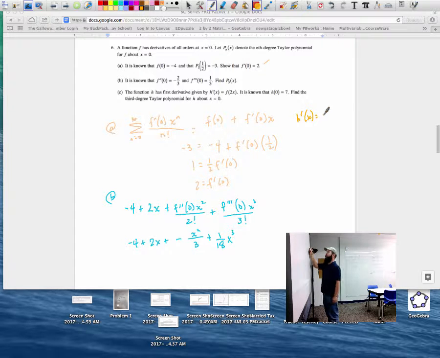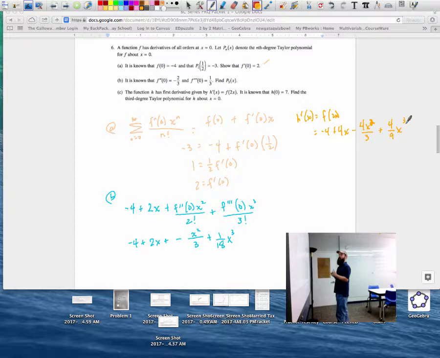So what I'm going to do is find f of 2x, which is going to be -4 plus 4x minus 4x squared over 3. And this would be 8 over 18, which is 4 over 9, 4/9 x cubed. And this represents h prime.